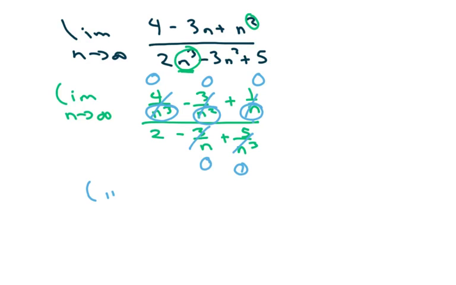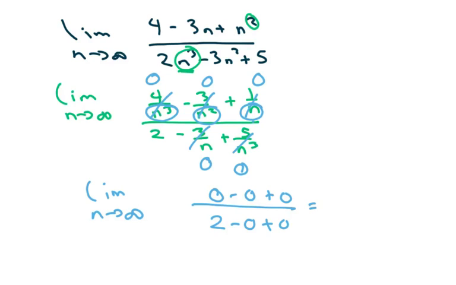So the limit as n gets really big, we're going to have 0 minus 0 plus 0 over 2 minus 0 plus 0, which is 0 over 2, which means 0. So the limit is 0.